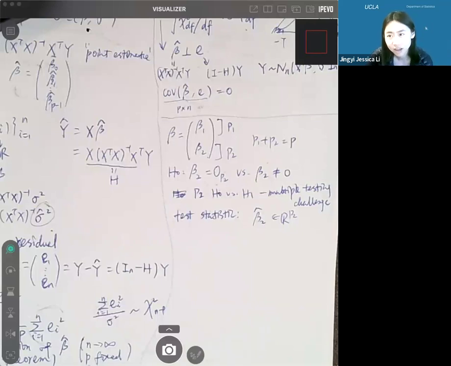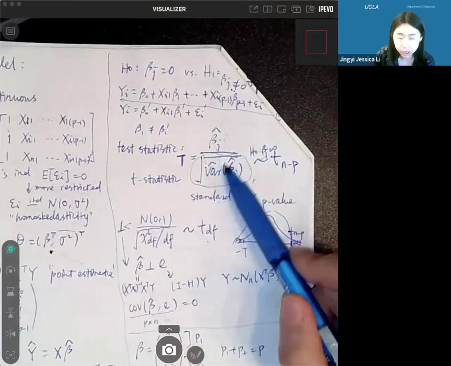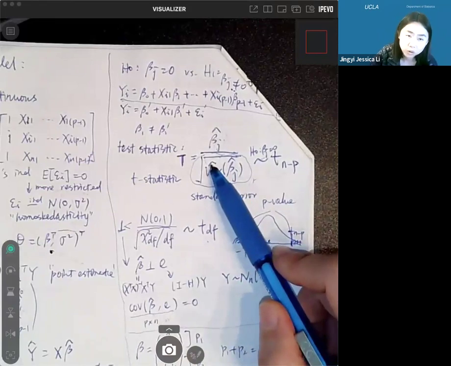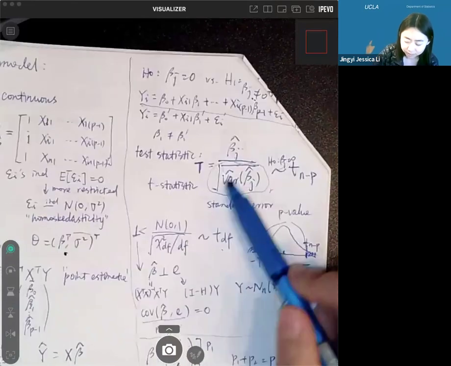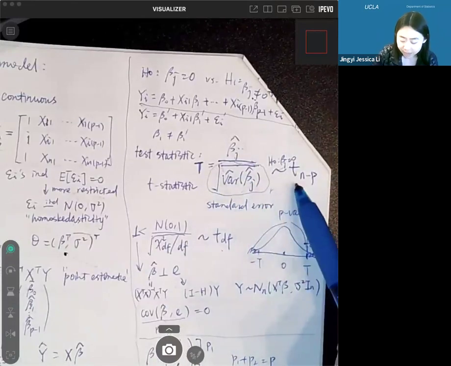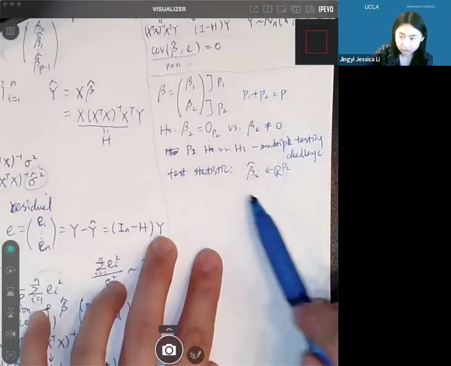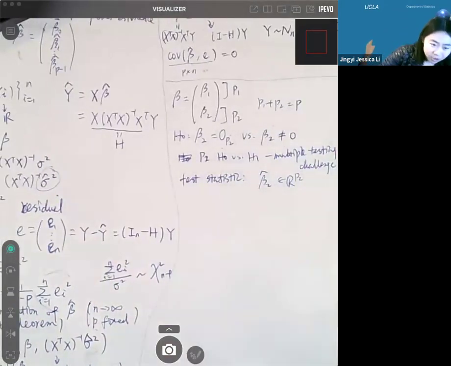With a scalar, you can have a one-dimensional null distribution, and then you can convert the test statistic into a p-value. But if the test statistic is itself multidimensional, then the p-value calculation is less straightforward. So the idea is similar to this standardization here, except that now we work with a vector instead of a scalar. For a scalar, we just standardize by its standard error. But for the vector, we need some linear algebra.